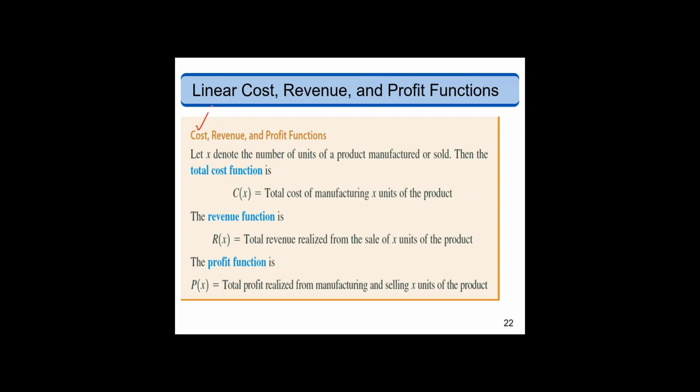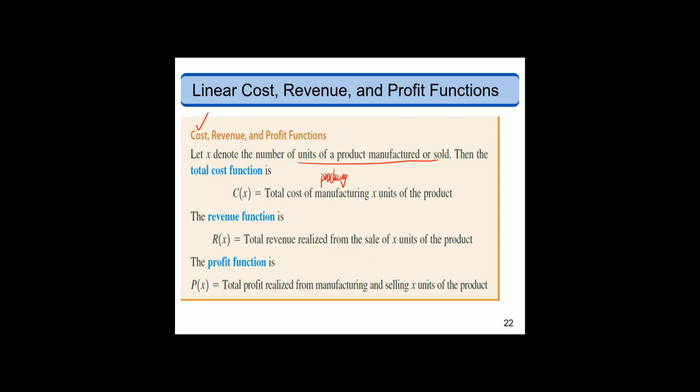Cost is the cost of producing X units of the product, right? So X represents the number of units of a product manufactured or sold. The total cost function, C of X, C is the abbreviation of cost, is the total cost of manufacturing X units. The revenue function, R of X, is the total revenue generated from the sale of X units of product.